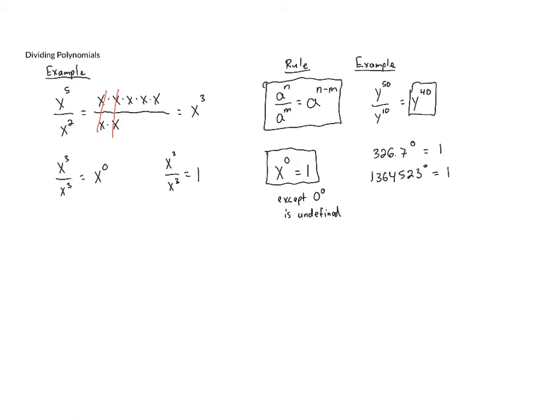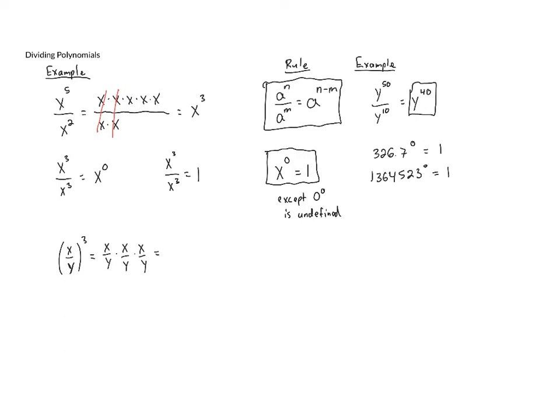We have one more rule. And the example for this rule is going to be x over y to the 3rd power. Now we know when we raise something to the 3rd power, we're multiplying it by itself 3 times. So this means x over y times x over y times x over y.